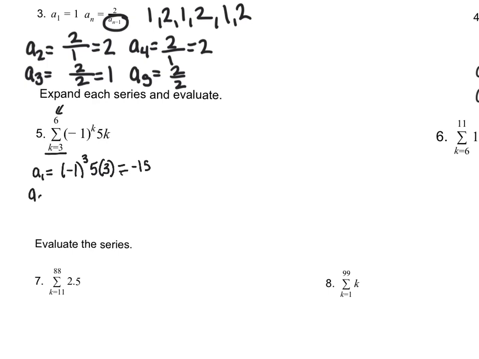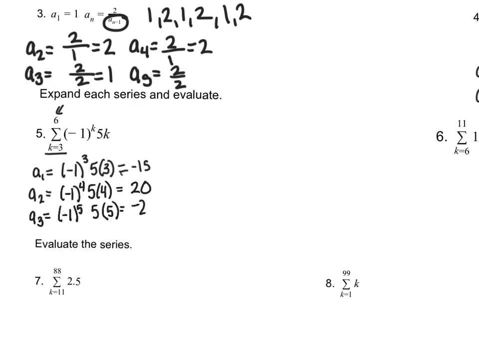My a_2 is going to be negative 1 to the power of 4 times 5 times 4. So when I do that, that's going to be positive 1 times 20, which is 20. a_3 is going to be negative 1 to the power of 5 times 5 times 5.